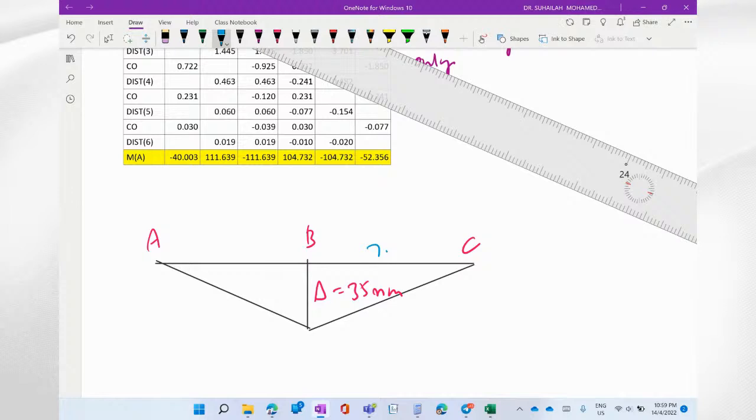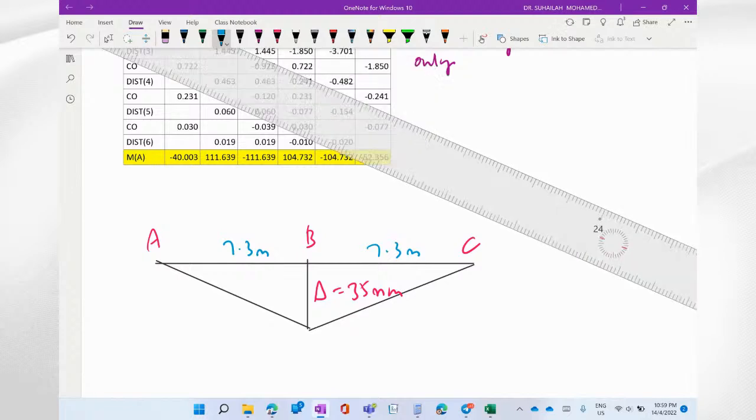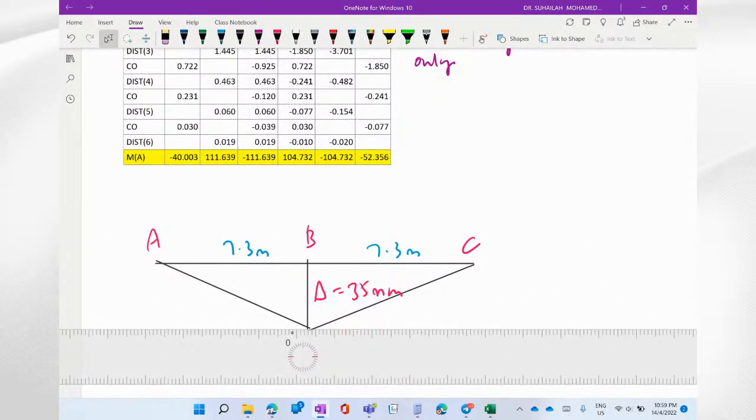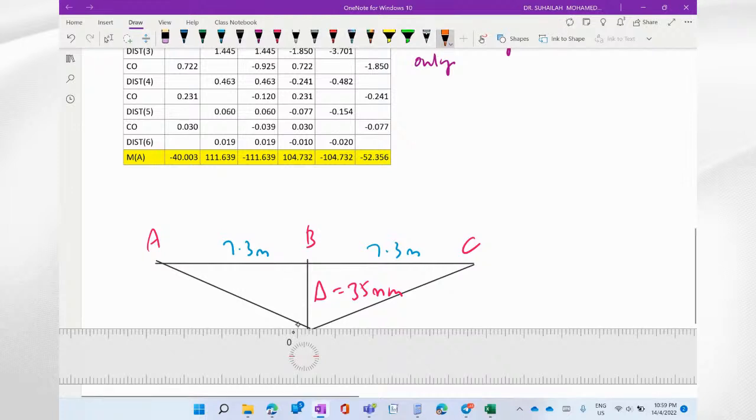Length 7.3 meter. Always remember that original beam position is 0.5. This is the original position.